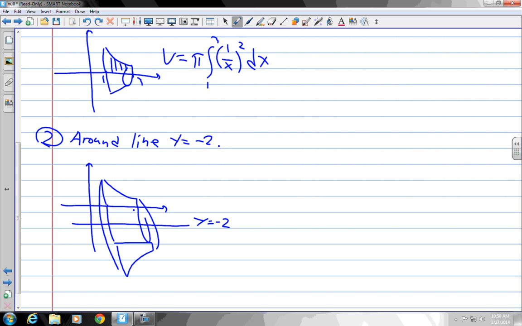So again, dy or dx. Yeah, so it's the same thing. Now the only difference is it's kind of the washer. We just have to figure out the outer and the inner radii, right?